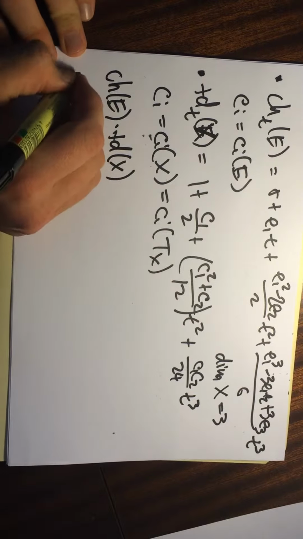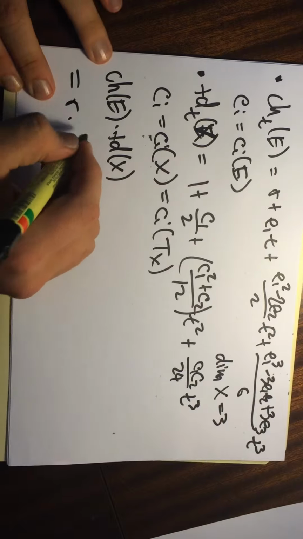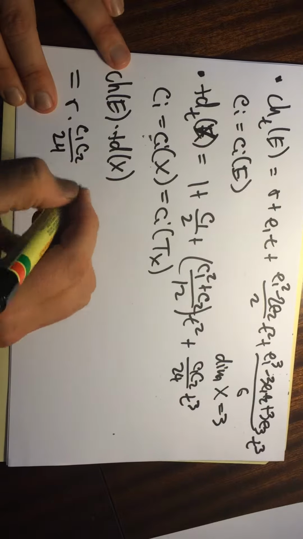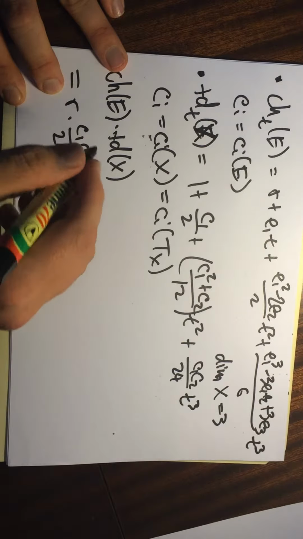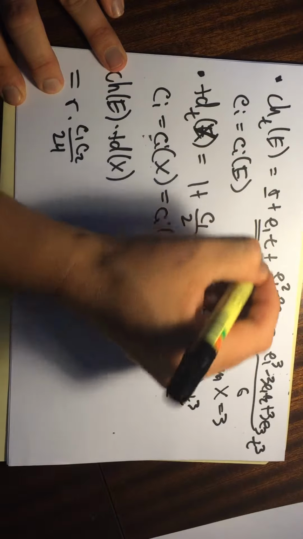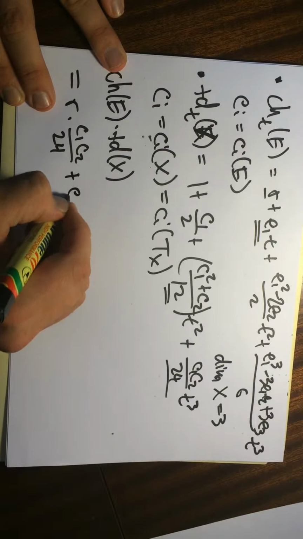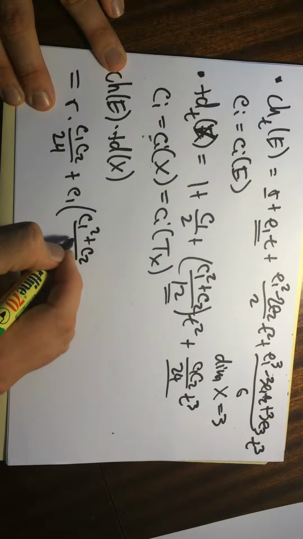This is going to be equal to this one times this one, r times c1 c2 over 24. I'm going to drop the t notation. Then we've taken care of this and this. Now we need to do this one and this one. So plus e1 times (c1 squared plus c2) over 12.